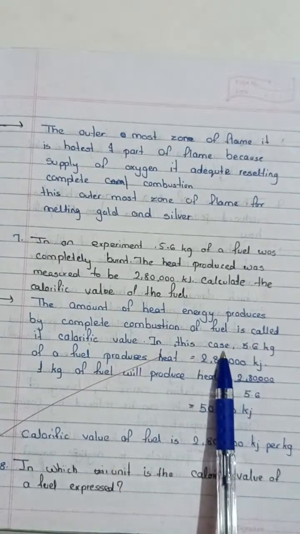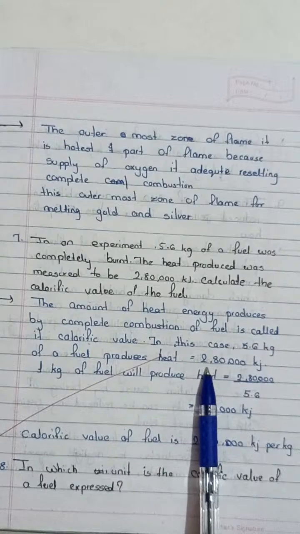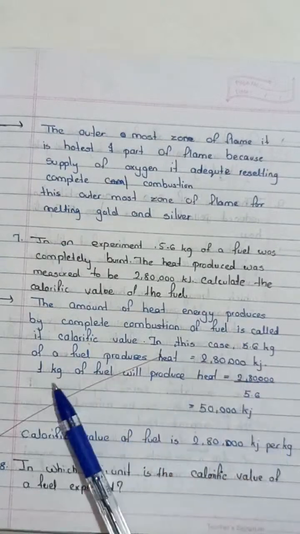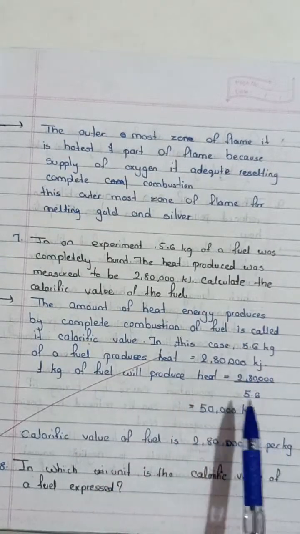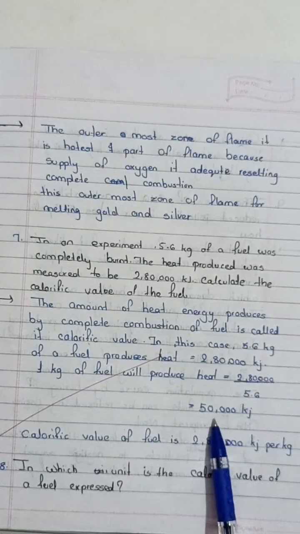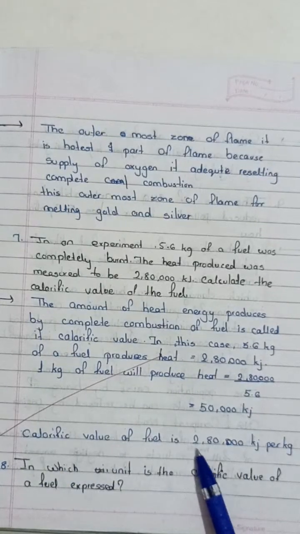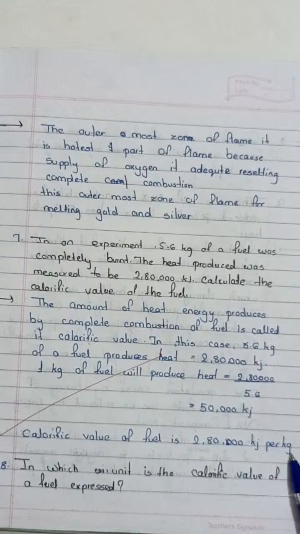Here, 5.6 kg of fuel produces heat of 280,000 kJ. So 1 kg of fuel produces heat equal to 280,000 divided by 5.6, which is 50,000 kJ. The calorific value of the fuel is 50,000 kJ per kg.